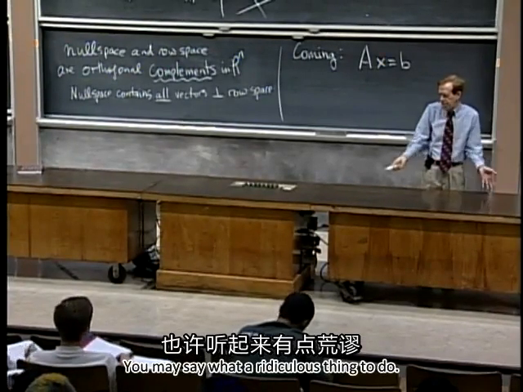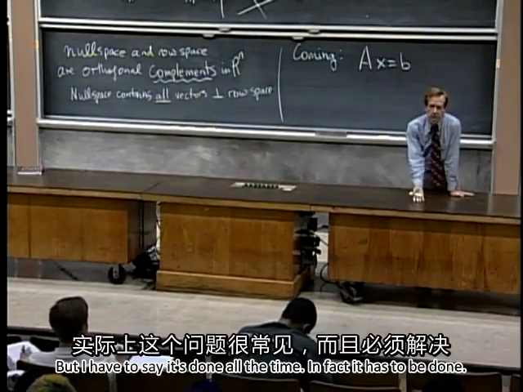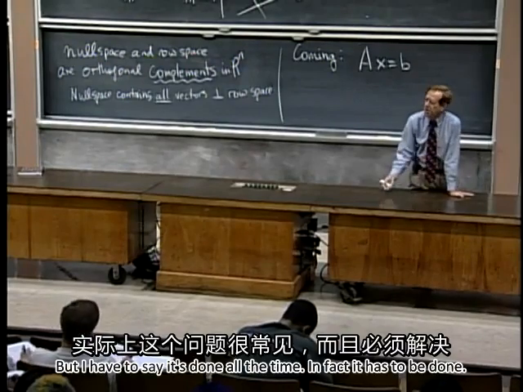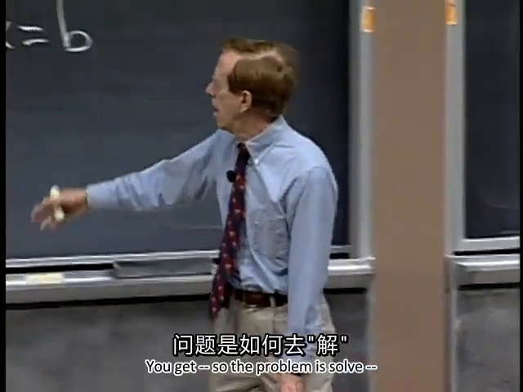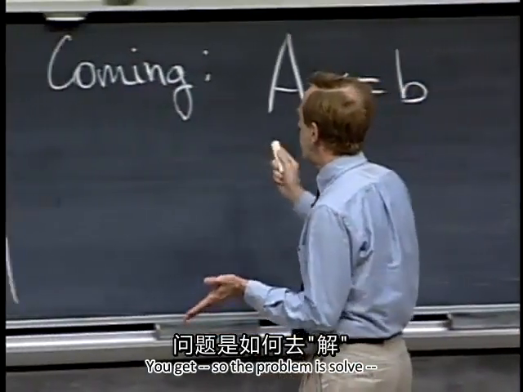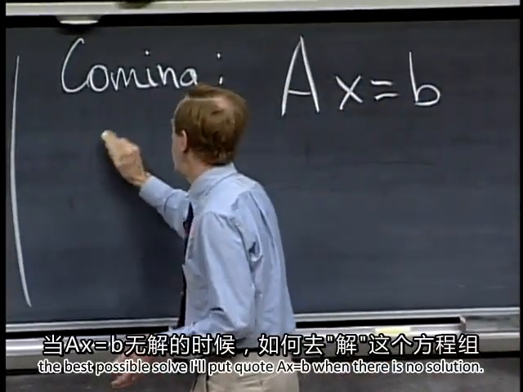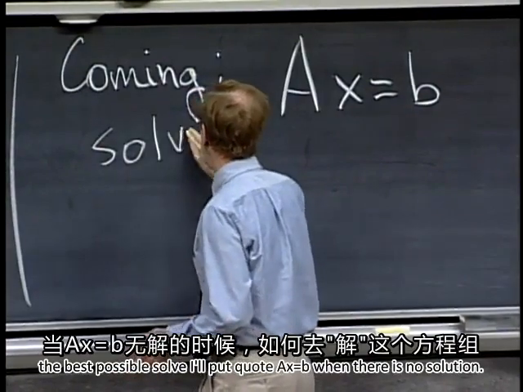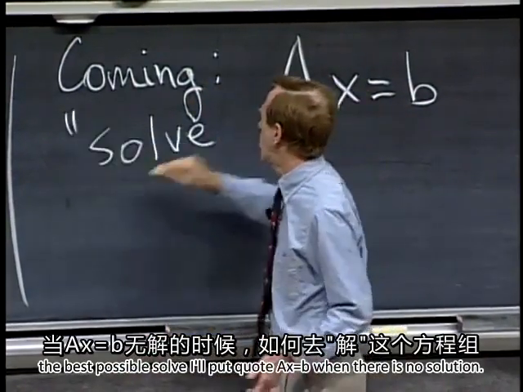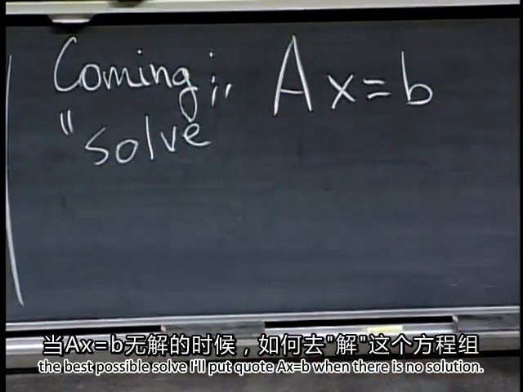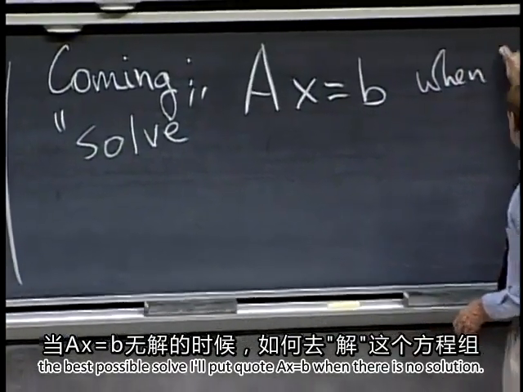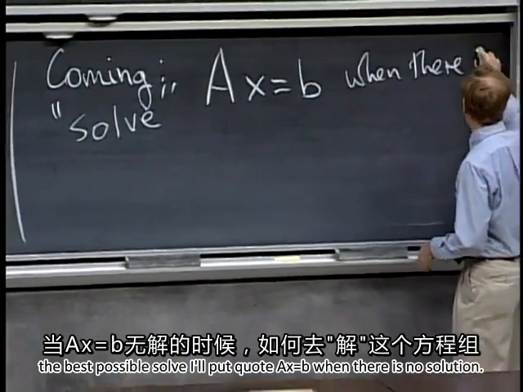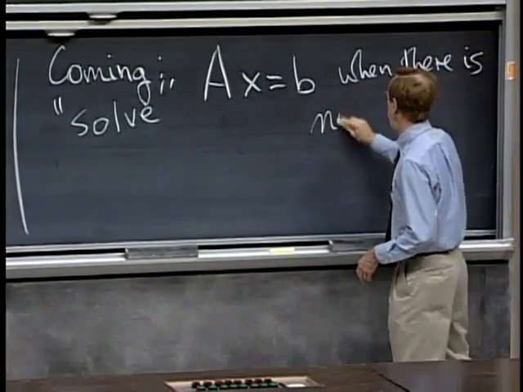You may say, what a ridiculous thing to do, but I have to say, it's done all the time. In fact, it has to be done. So the problem is, solve as best possible, solve, in quotes, AX equal B when there is no solution.